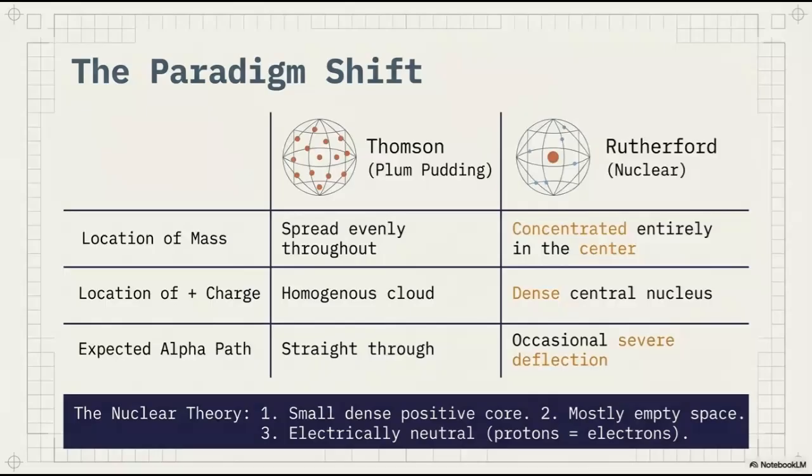For the alpha path, Thomson said the particles could go straight through that plum pudding. But Rutherford said there could be some deflection because the nucleus is positive and the alpha particles are positive, so there can be some occasional deflection. So being able to compare both experiments is a good thing. Please don't forget that slide.